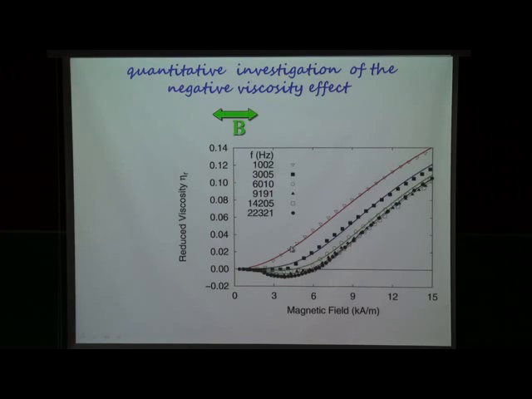And so you see that for a certain frequency regime, for example 22 kilohertz, you see here a viscosity reduction. It's only a reduction of about 1%, but it's a clear viscosity reduction. So this is the so-called negative viscosity effect.